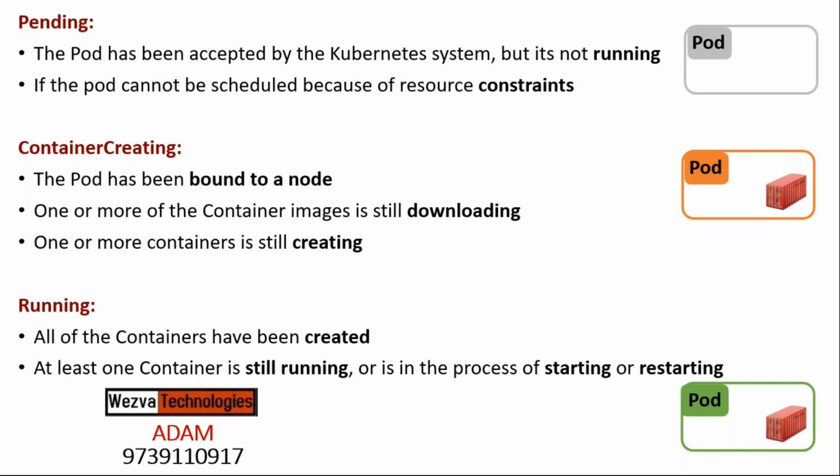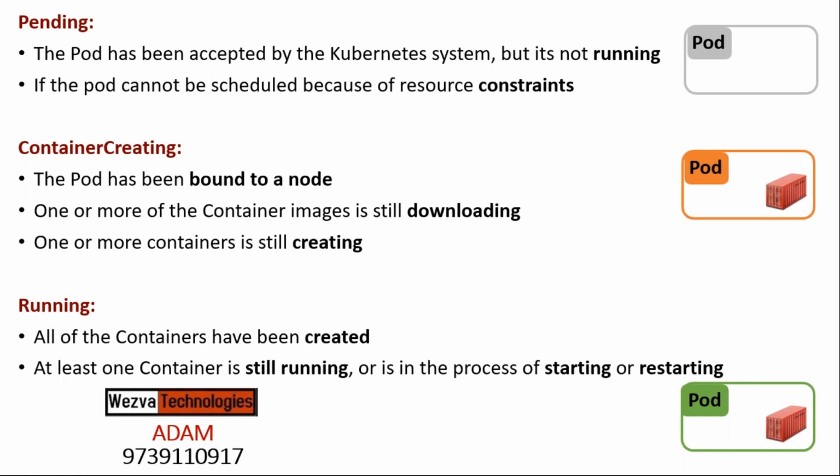Unless and until a container is created successfully, if the pod is still in a state where it is downloading an image, or after downloading it is trying to create the container but is not successful, then the state of your pod will be container creating.